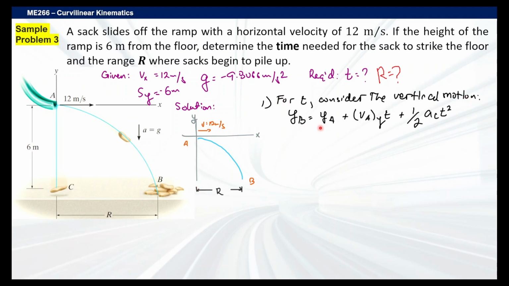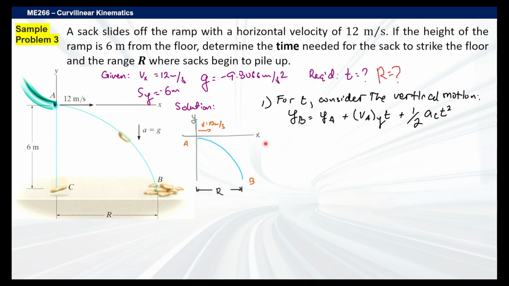YB equals YA plus VAY, the Y component of VA, plus half AC t squared. So in this particular configuration, let's do further analysis. Most likely our YA is 0 since this is our point of origin, just like I said earlier. So that will be 0 right away.